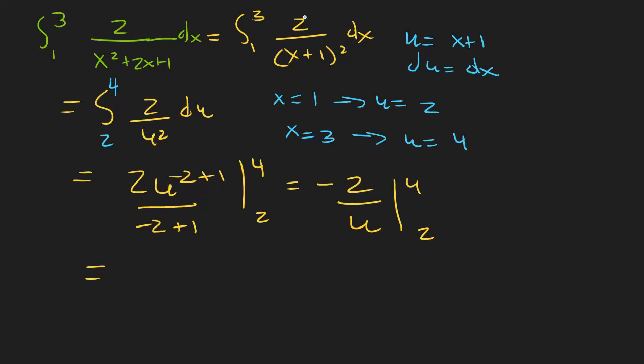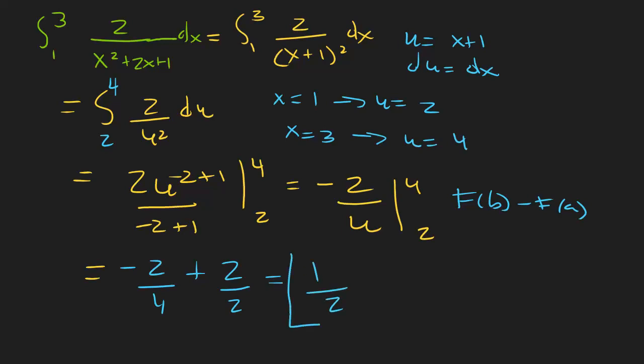That's going to be minus 2 over 4 plus 2 over 2, which is just equal to 1/2. So the answer is 1/2, and that was by u substitution.